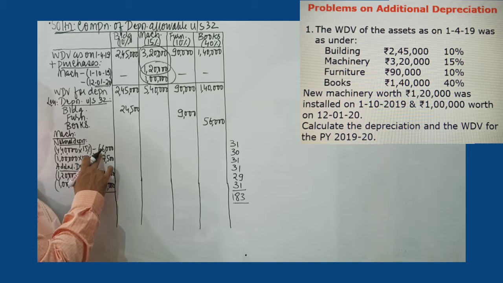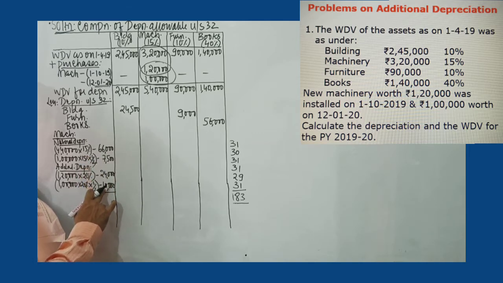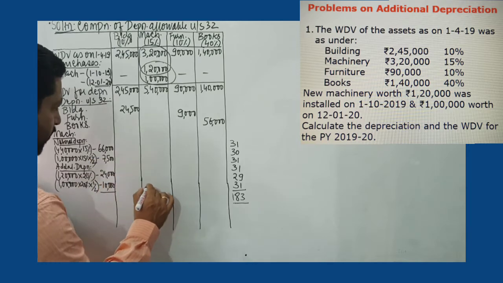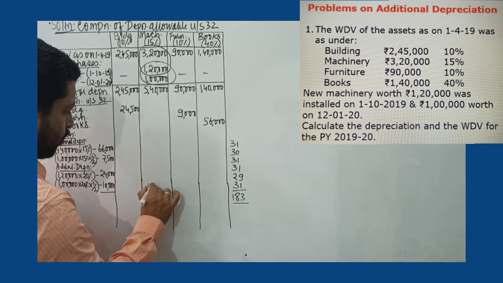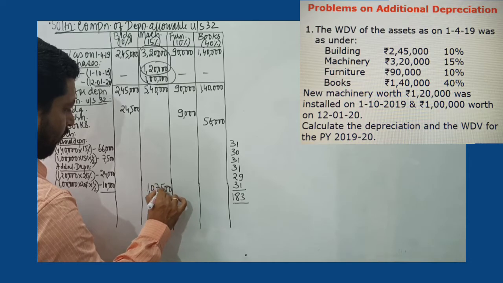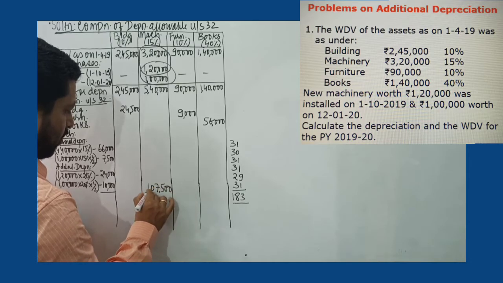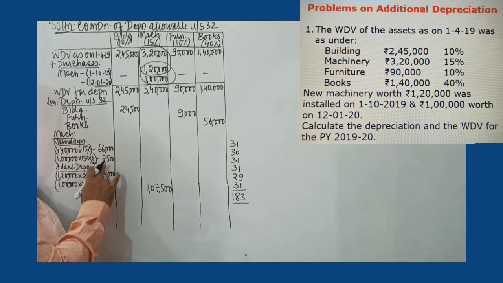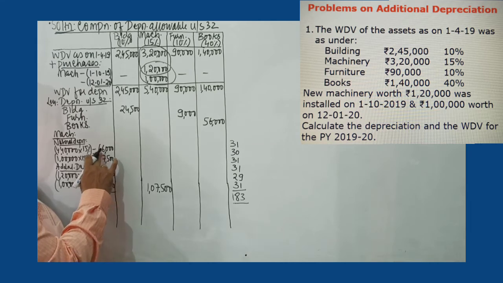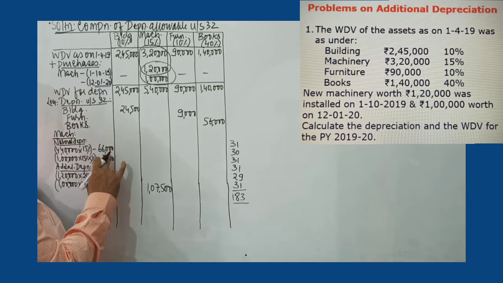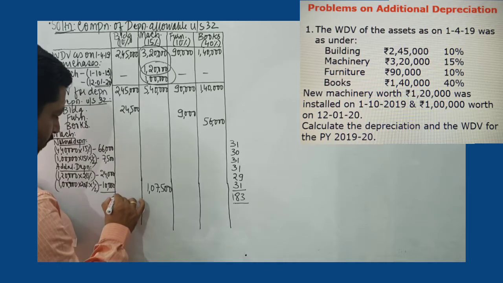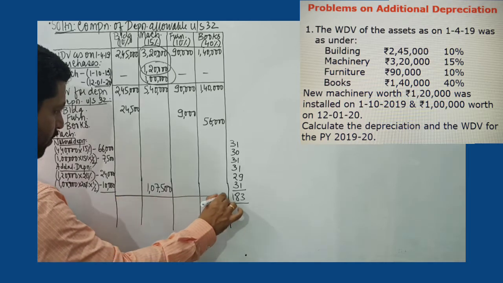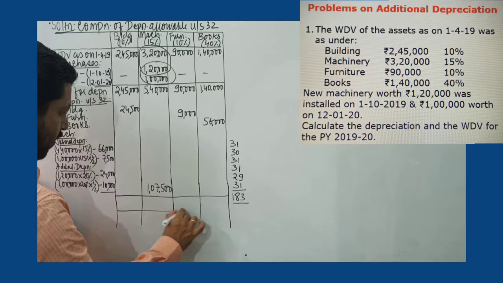So total depreciation on machinery would be 60, 70, 80, 90, 97, 1 lakh, 1 lakh 7,500. I'll just total it again. So 34, 41, 101, 107. So 1 lakh 7,500 will be the depreciation on plant and machinery.